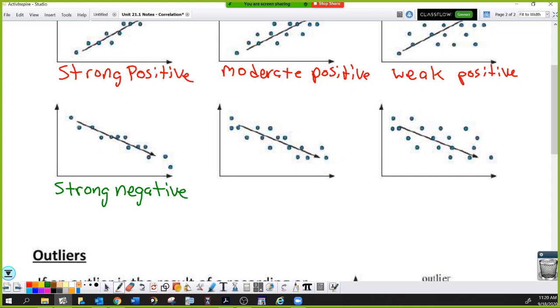Data points kind of close together, moderate negative correlation. And dots that kind of go down and to the right but are super spread out would be weak negative correlation.